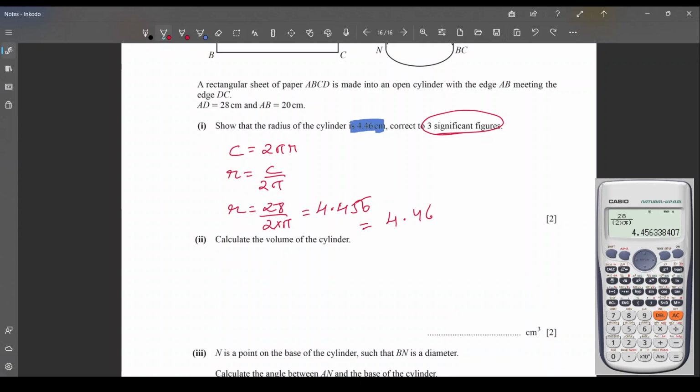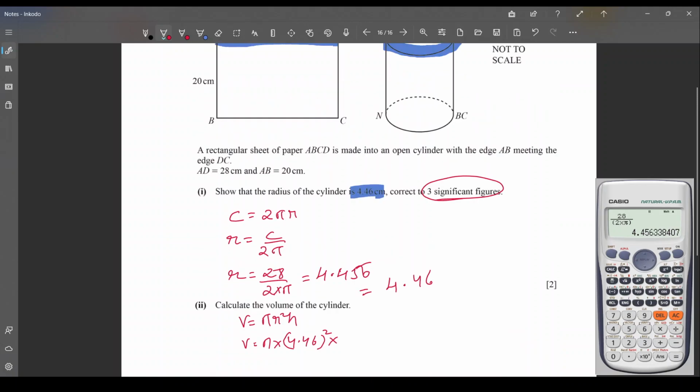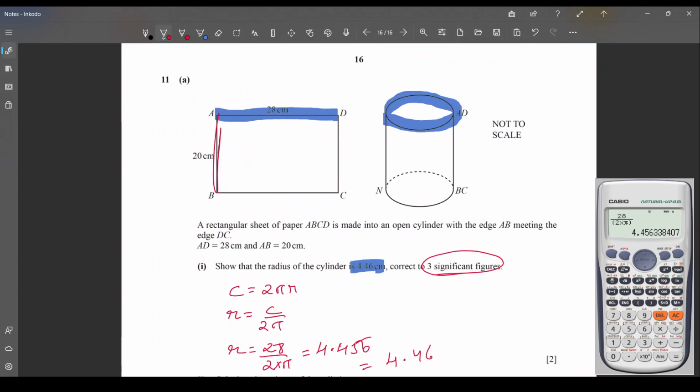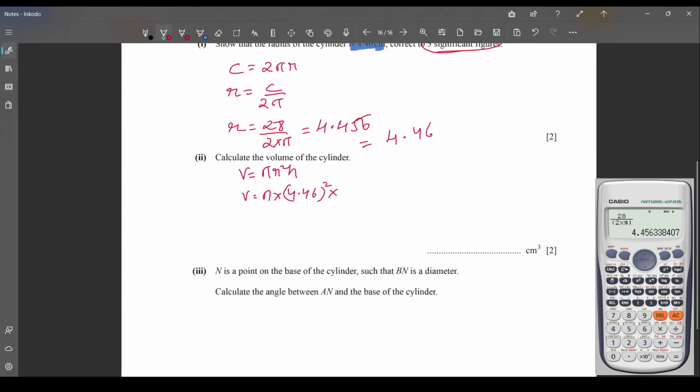Then, find the volume of the cylinder. Volume of a cylinder is pi r square h, so pi into r, we already got it, 4.46, square, into h. h is the height of the cylinder, and the height is equal to 20 here, so into 20. We can use our calculator to calculate this.